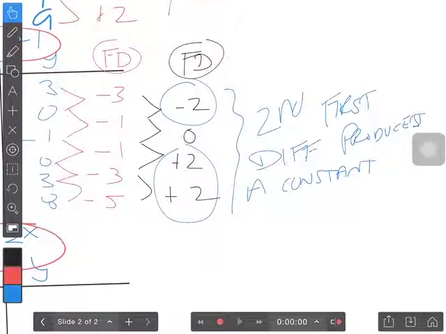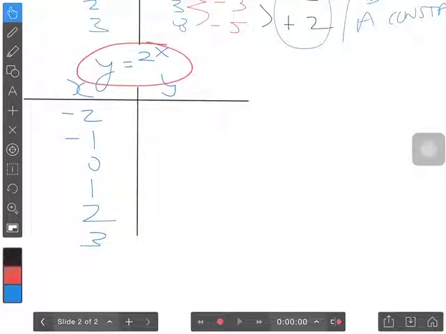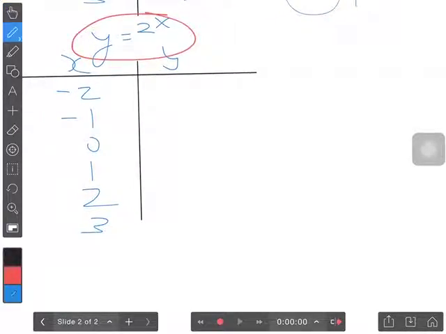Alright. Last one I want to look at then is our exponential. How can you tell that you have an exponential? So again, filling in my values here, I'm going to have negative 0.25, negative 0.5, 1, 2, 4, and 8.